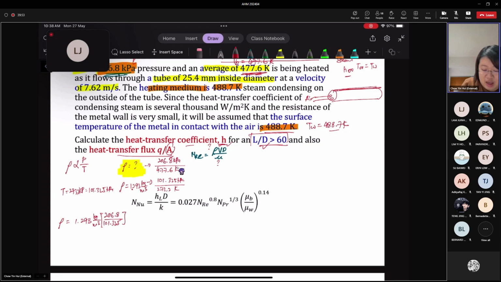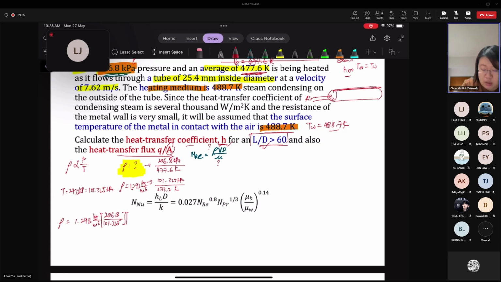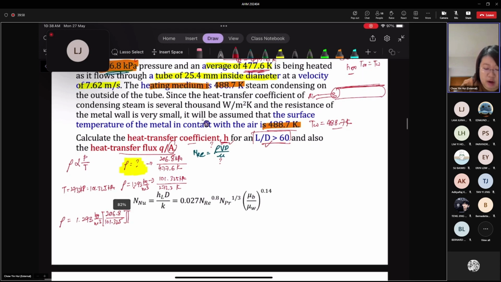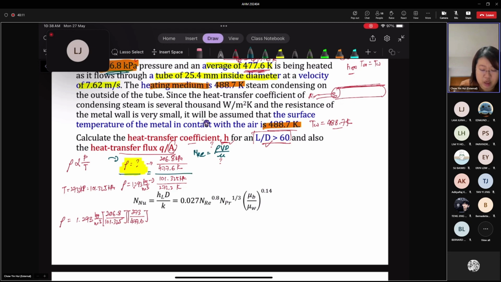Then multiplied by 273 Kelvin divided by 477.6, because it's as if you are equating the ratio, then we just rearrange it. If you calculate this, the answer for the density should be around 1.509 kilogram per meter cube.